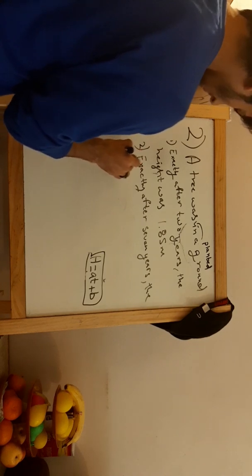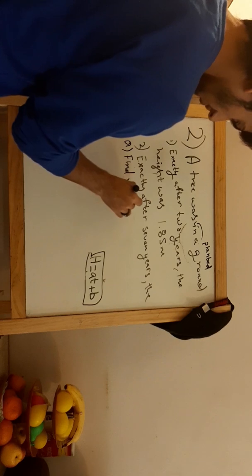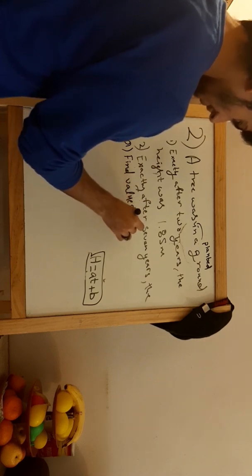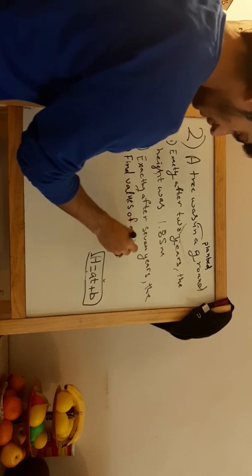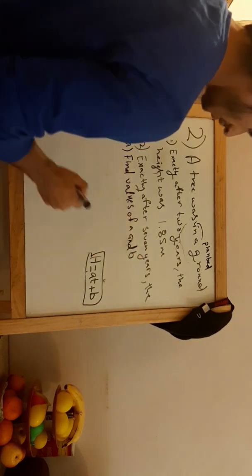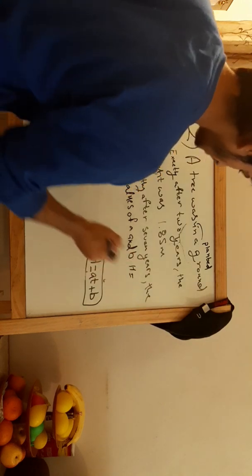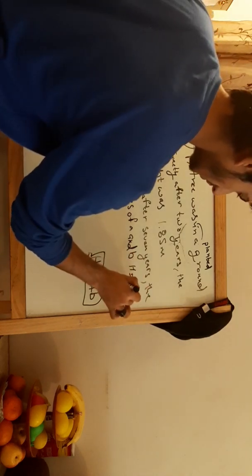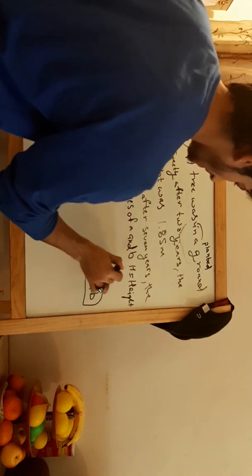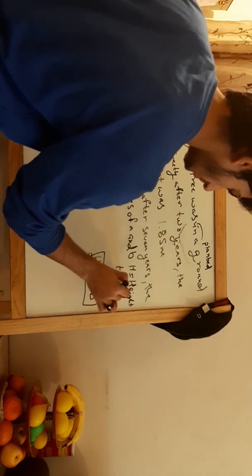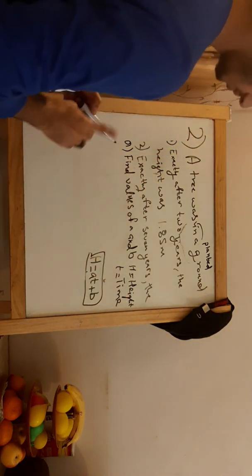H equals the height and t equals the time period where it grew.